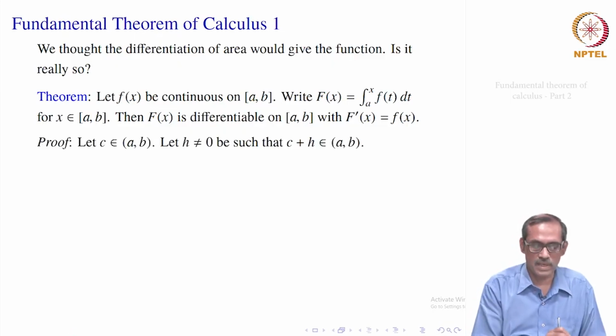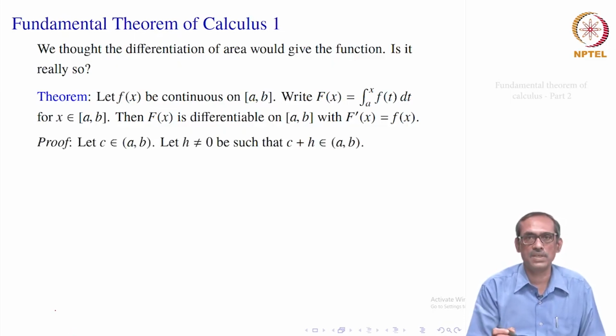Okay. So, to show this, let us start with some point c inside the open interval a b. We will come to the end points later. Suppose c is a point inside a b, and let us take any h which is not equal to 0, such that c plus h belongs to a b.